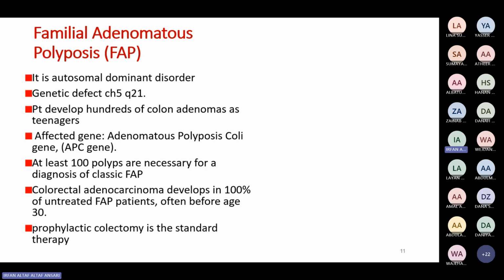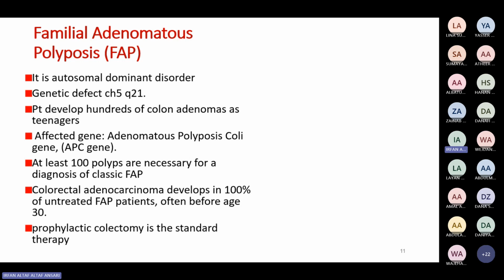You need to have a minimum of 100 polyps for a diagnosis of FAP. Colorectal carcinoma develops in 100% of untreated FAP patients, often before the age of 30. If you do not diagnose earlier, if you do not treat earlier, there is a high chance, or 100% chance, of development of colorectal carcinoma.